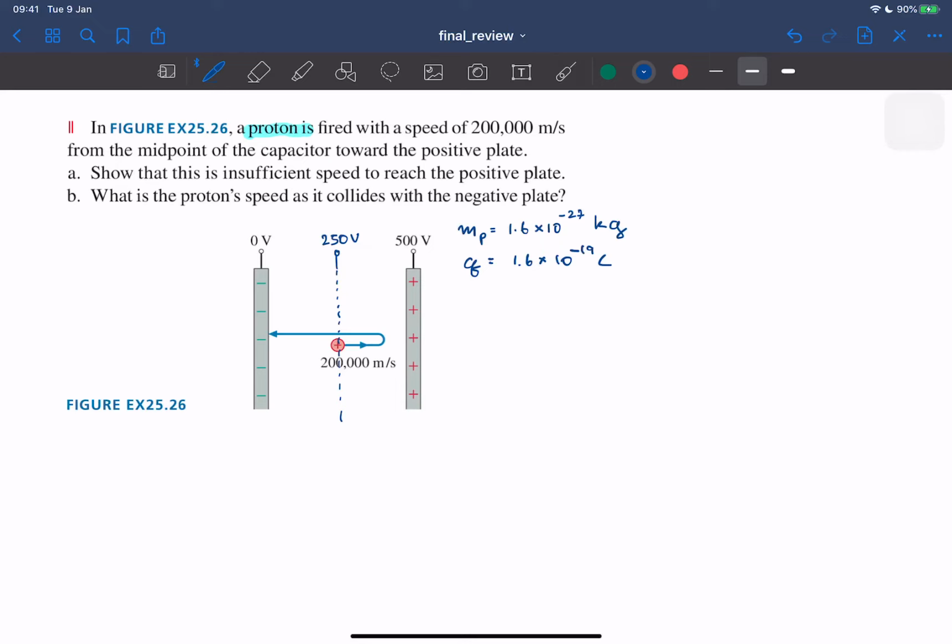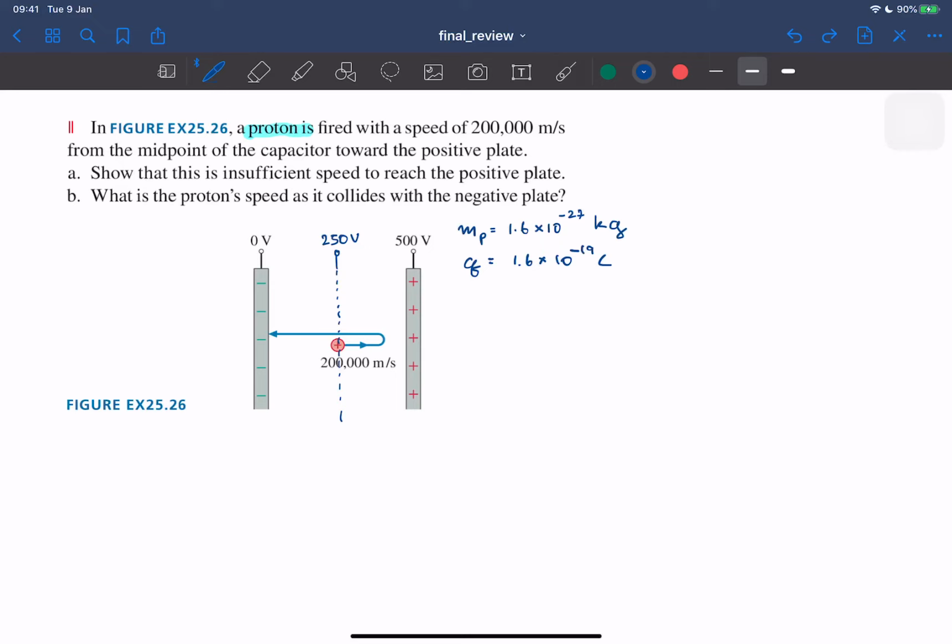So from here, in order for the charge to reach the right plate, it must have enough kinetic energy to reach the plate, right? And going from the middle to the right, you increase potential energy, right? Because what's the potential energy?